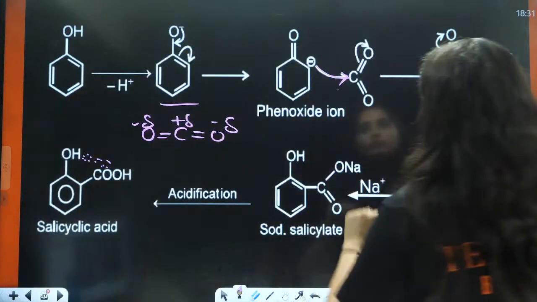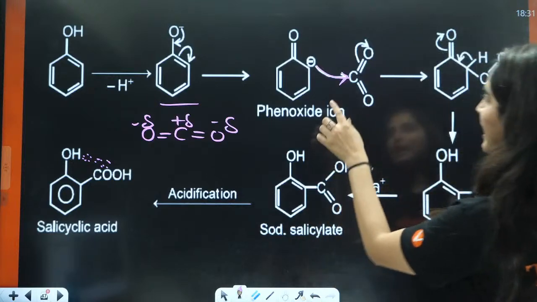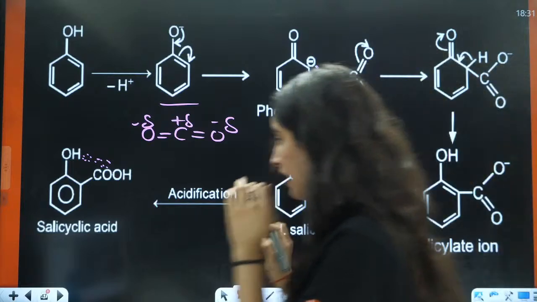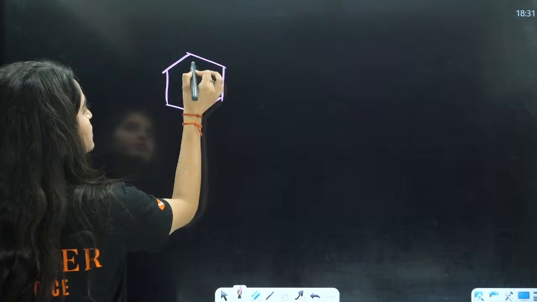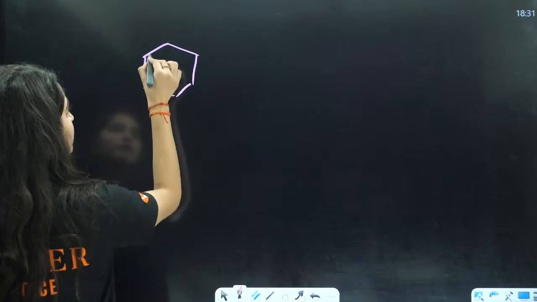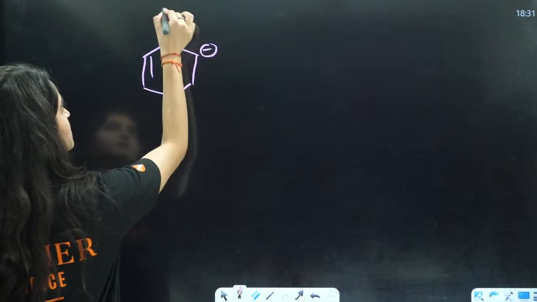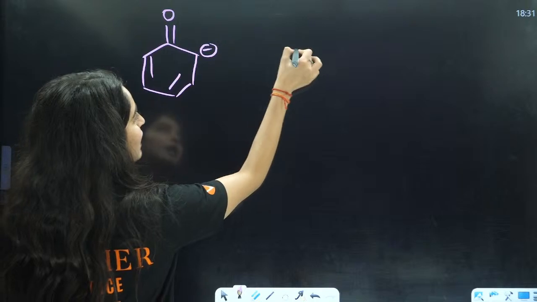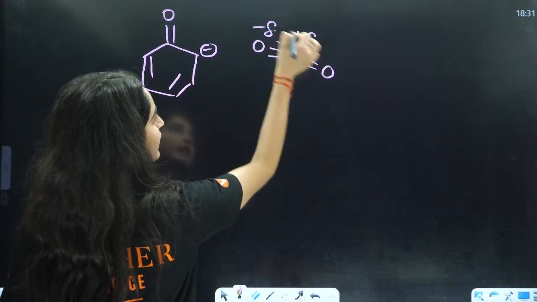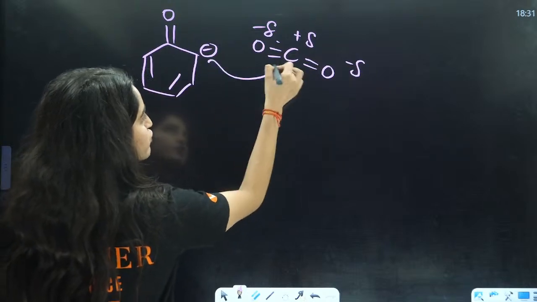Right? Now, we know that this carbon will attach here. Now, see students, one thing. When this phenoxide ion, I'm talking about this particular thing, you will have negative, and this is a double bond. The carbon dioxide, which has this positive and this negative, is going to attack here.